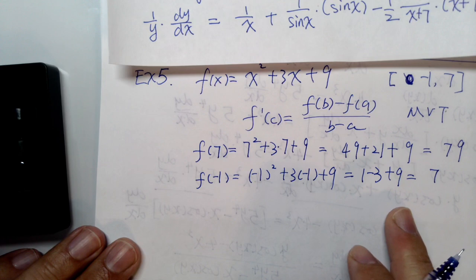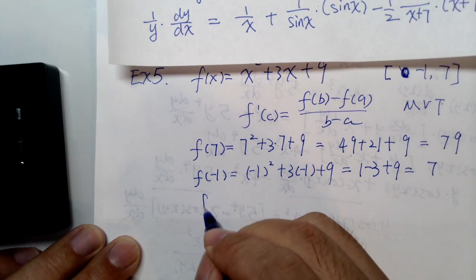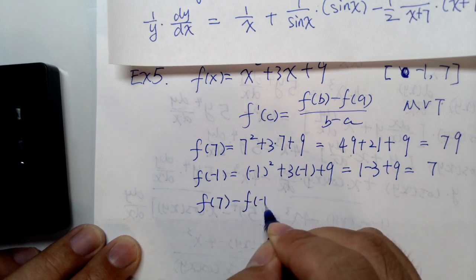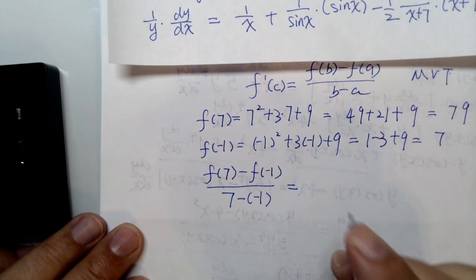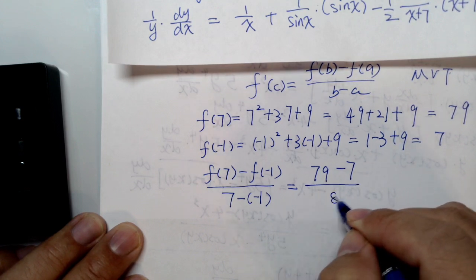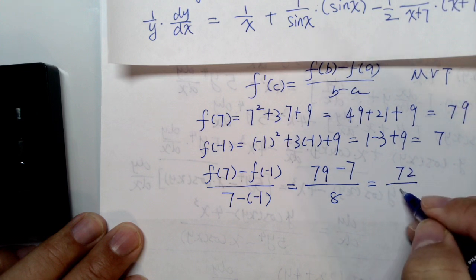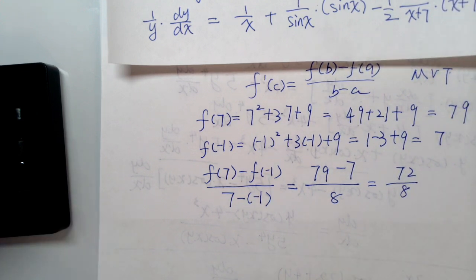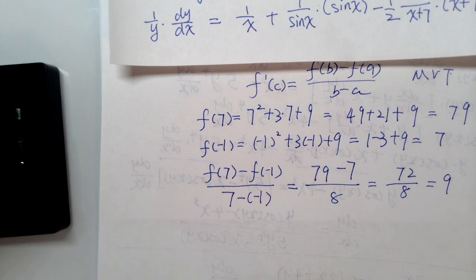So we got f of -1 and f of 7. f of 7 minus f of -1 over 7 minus -1 gives us 79 minus 7 over 8, so it's 72 over 8, which equals 9.